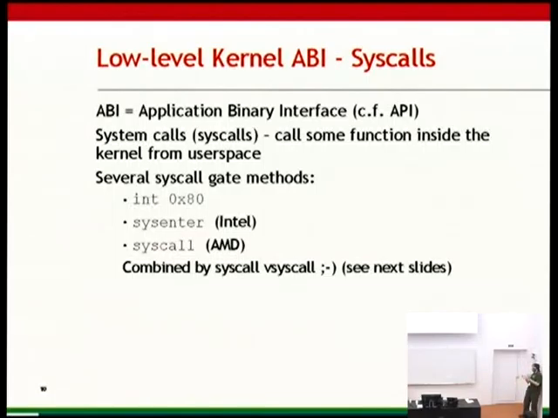But what actually goes on inside the glibc, you need to, in some way, let the kernel know that you want it to take over. So there are actually several ways to do that.